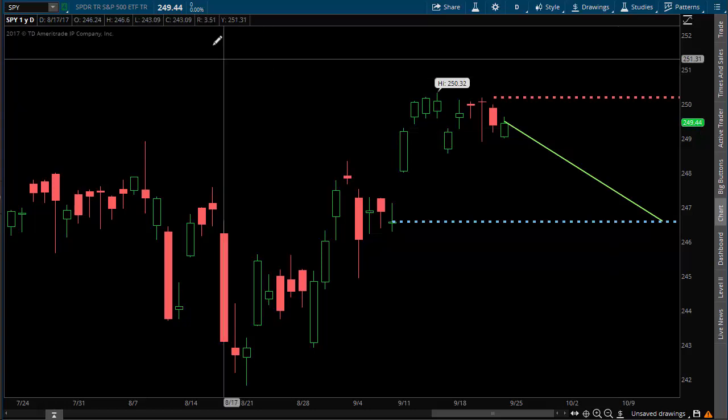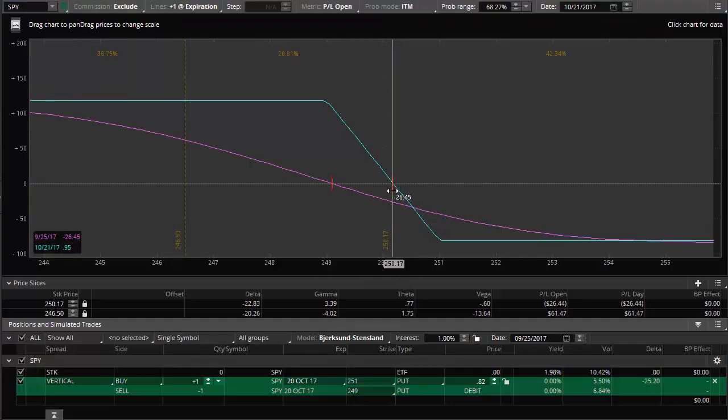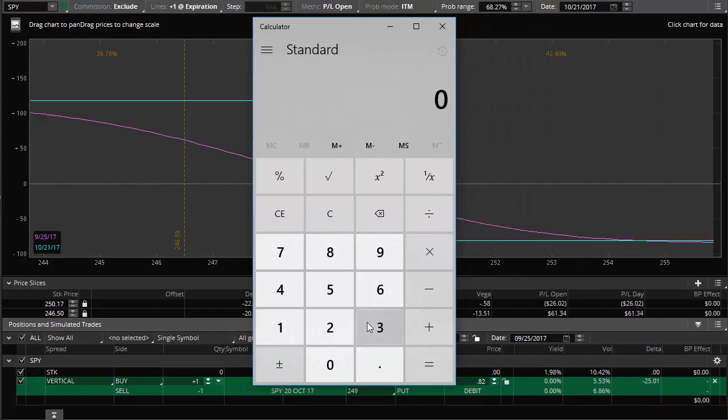And let's talk about for a second what that profit is. So now that our break even is here, if we get below the 249 level, which is the short strike we sold, we can achieve max gain at expiration, which in this case would be $118. I'm going to bring up the calculator real quick. So our max gain is $118.